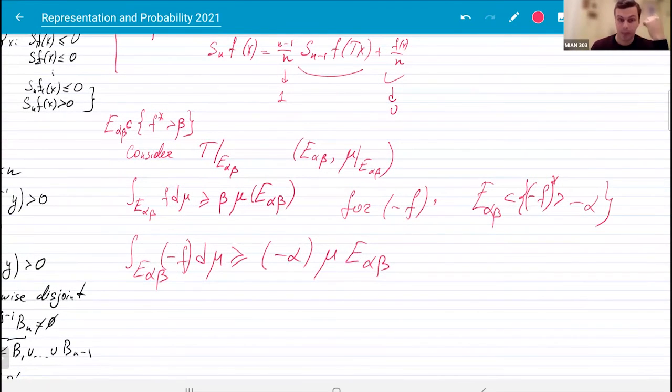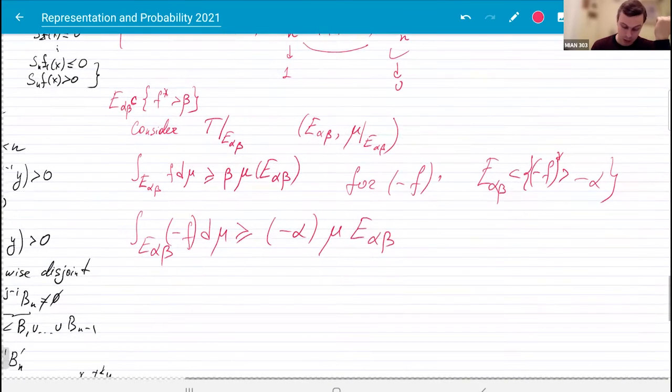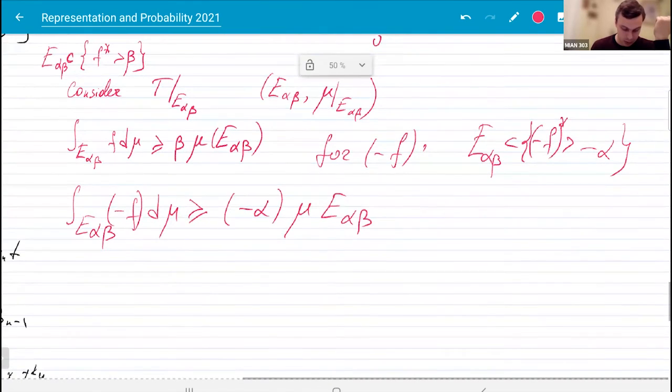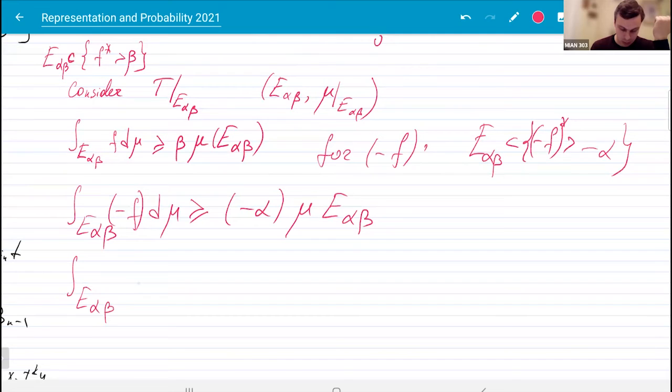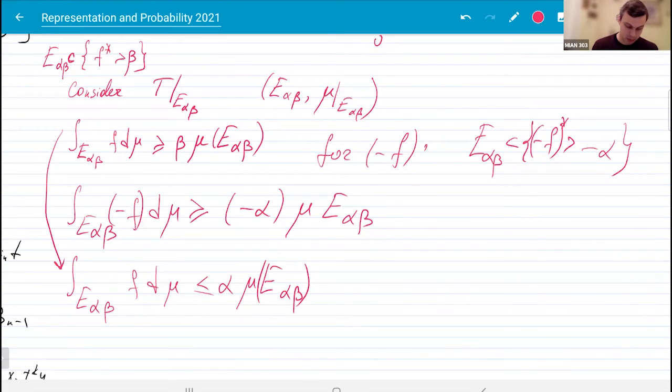And so we have this, or we can rewrite it as the integral of f d mu is less than alpha times the measure. And that's it.